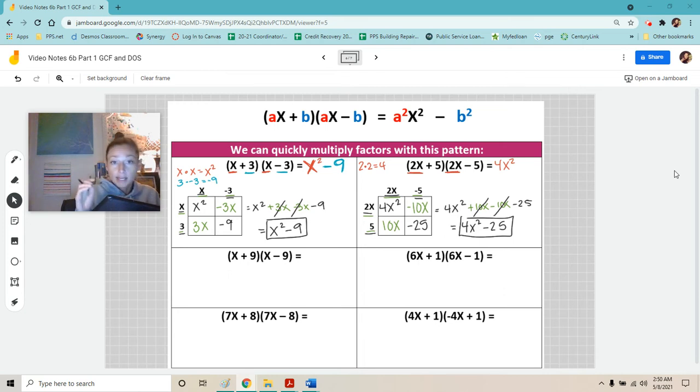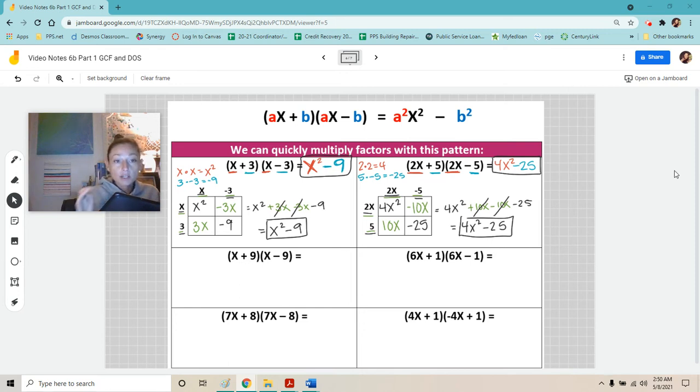Then for my second term, I have 5 times negative 5, that makes negative 25. It's a lot quicker to solve these that way once we have this little formula, or shortcut, or whatever I want to call it. I keep switching up what I'm calling it. Formula, shortcut, trick, cool little thing. I don't know.